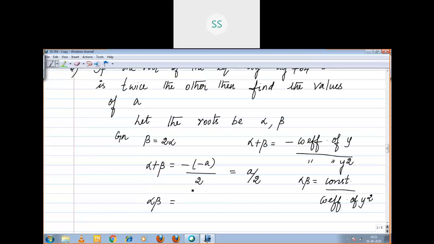Now alpha beta is given to you, 64 divided by 2, which is equal to 32. But here it is given as one is alpha, another one is 2 alpha. That is, one root is twice the other. Using that, we are going to find the value of a. Right, children?